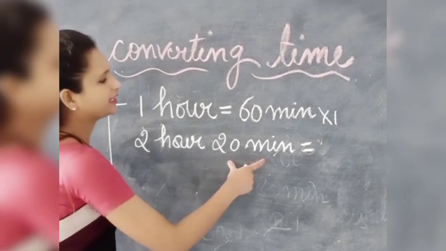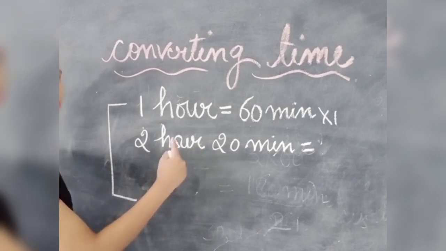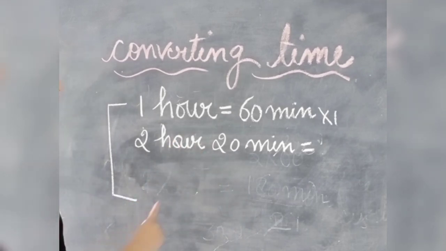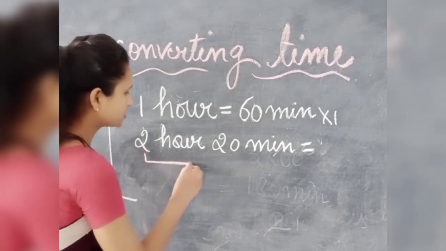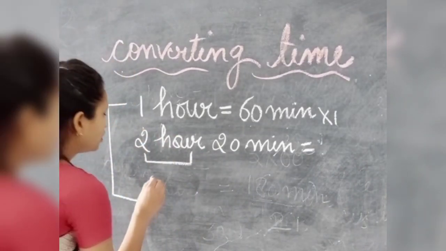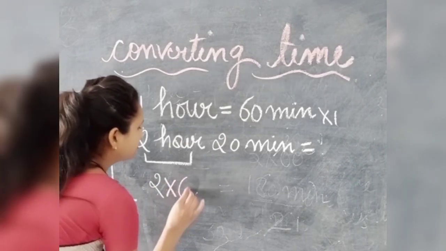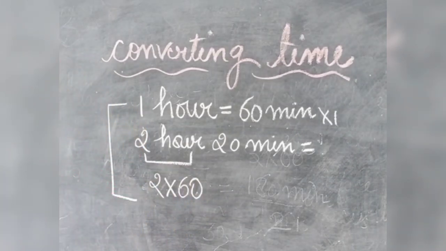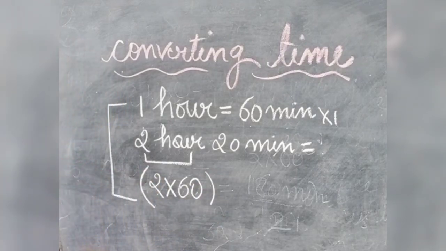2 hour 20 minutes. Now you have to convert the hour also into minutes. First you have to solve this one. Solve 2 multiplied by 60 and put it under bracket.